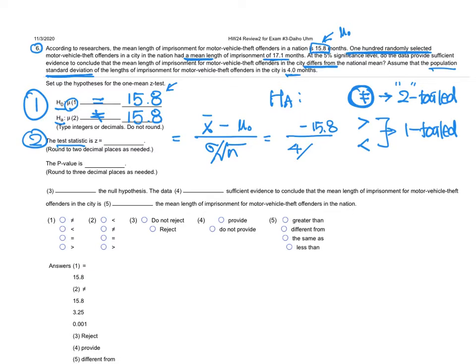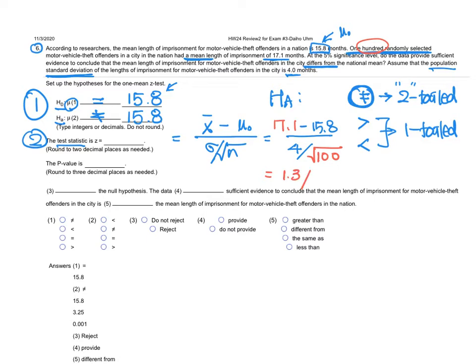Let me plug in the sample mean 17.1, divided by the square root of the sample size 100. Take the difference: 17.1 minus 15.8, the mean difference is 1.3.